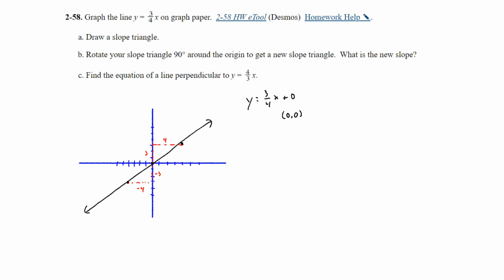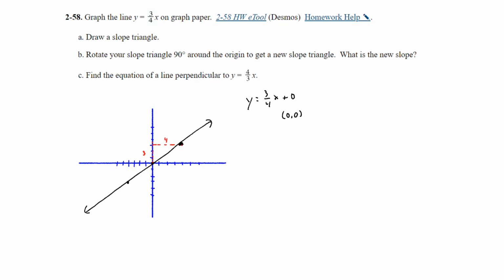Rotate your slope triangle 90 degrees around the origin to get a new slope triangle. What is the new slope? And so since it says slope, rotate your slope triangle, I went back to my original up 3 over 4. And so if we rotate that 90 degrees around the origin, so we're going 90 degrees, so this point right here would rotate 90 degrees.